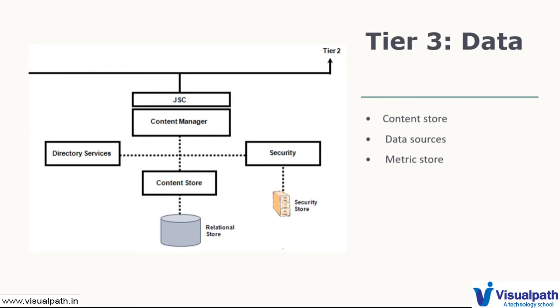So what exactly is a content store? A content store is a local repository or a server where all the information related to Cognos is stored. For example, let's go back to our previous example where I gave my user ID credentials. There must be some space or some server where these user credentials are stored.